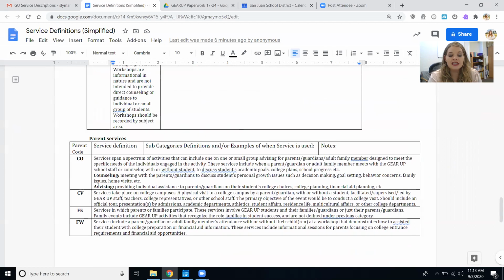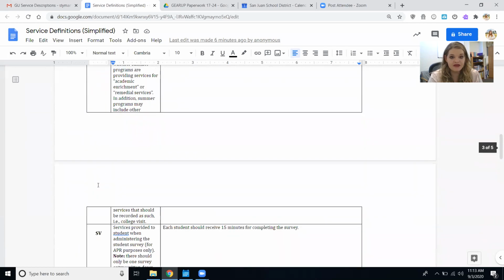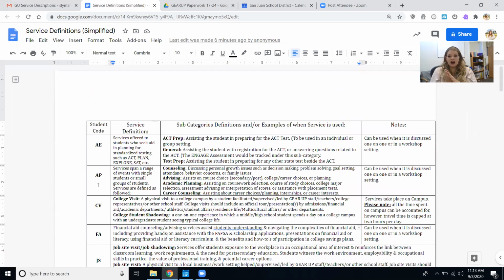One thing that is not on this sheet is RA. RA is rigorous academics. Rigorous academics is pretty much anything that is above the basic core stuff. So if you have a kid doing concurrent enrollment, a kid in an AP class, or a kid in college, rigorous just means challenging, it means harder.